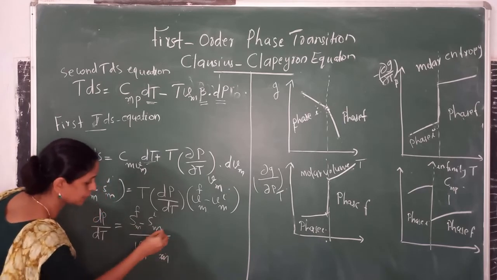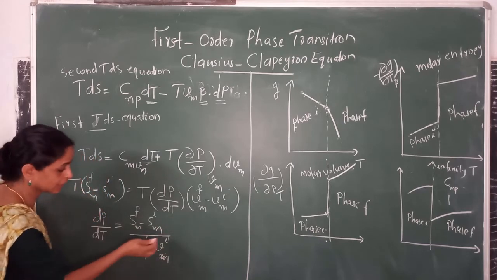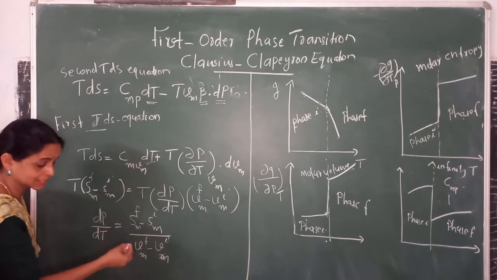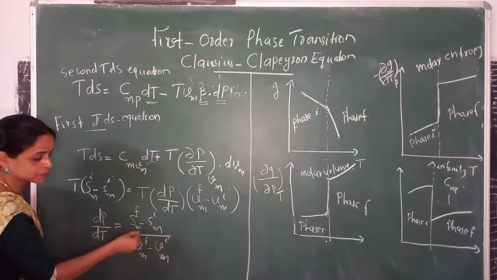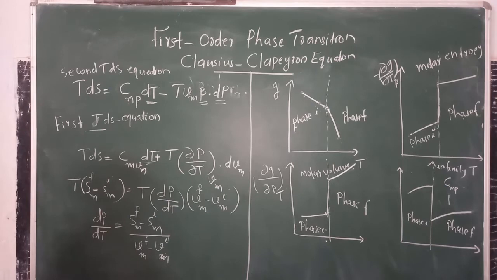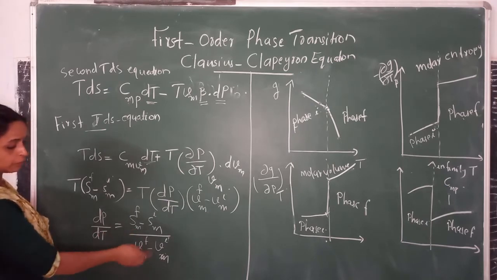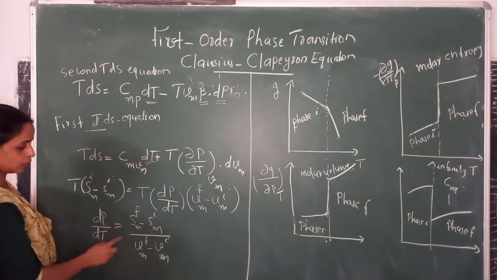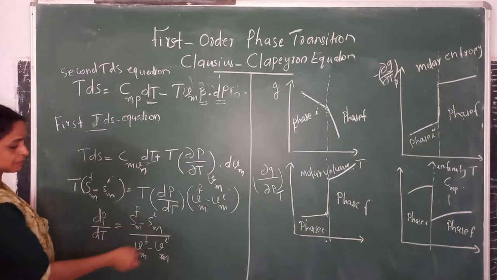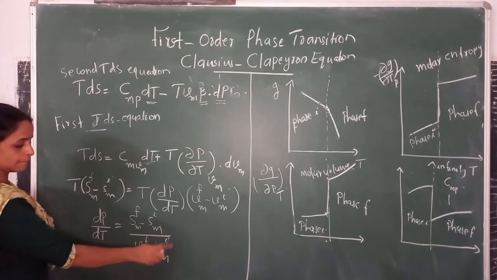Here the subscript m represents the molar value, since we cannot write small s and capital S like that. So I am using the subscript m for molar entropy and molar volume. So this is equal to SMF minus SMI divided by VMF minus VMI.